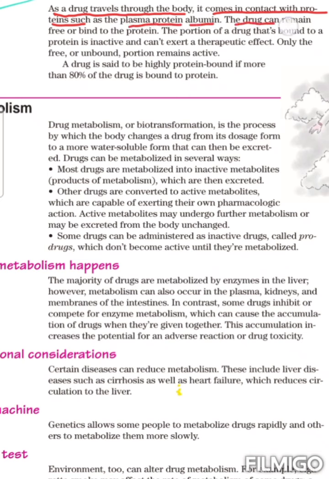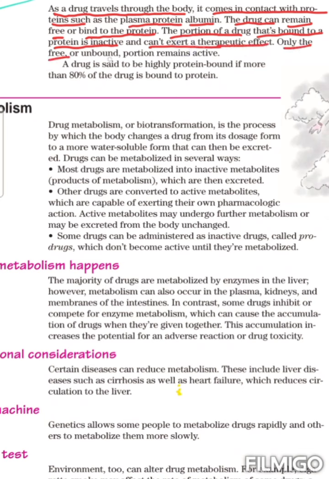The drug can remain free or bind to the protein. The portion of a drug that's bound to a protein is inactive, and cannot exert a therapeutic effect.